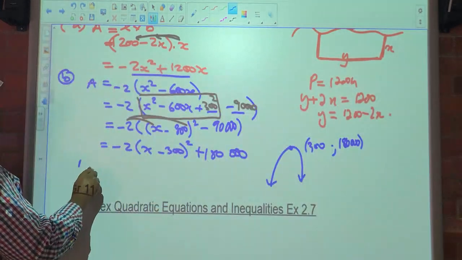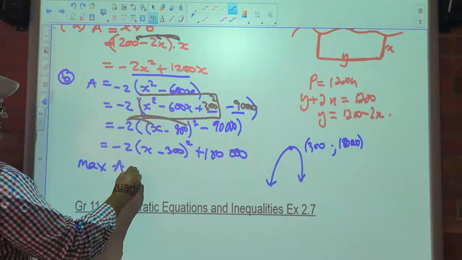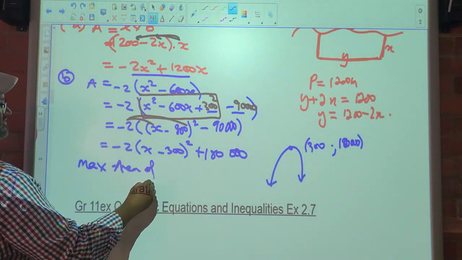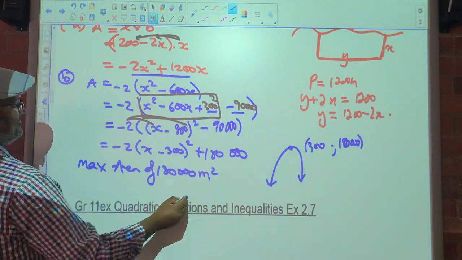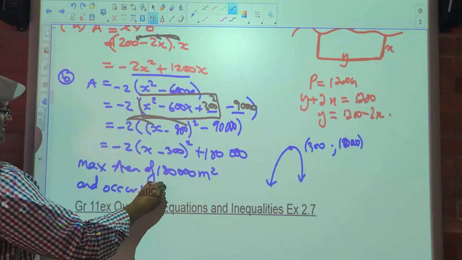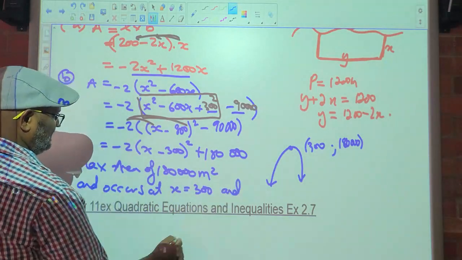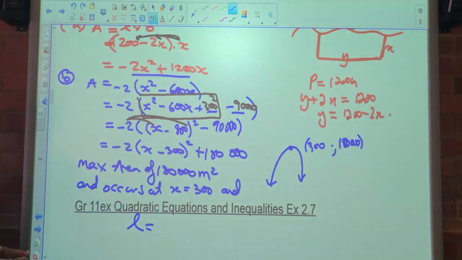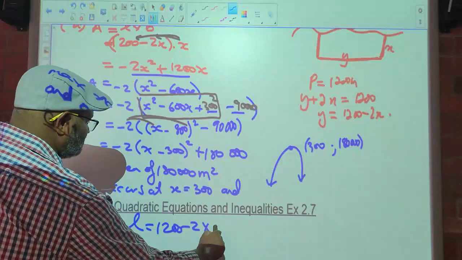It will have a maximum area, because I was talking about area. Maximum area of 180,000 meters squared, and occurs at x is equal to 300 and a length of 1,200 minus 2 times 300.